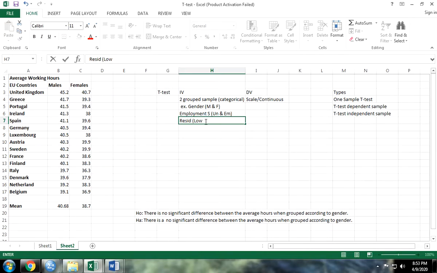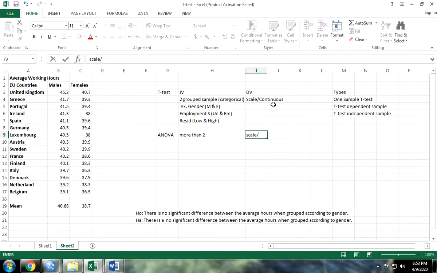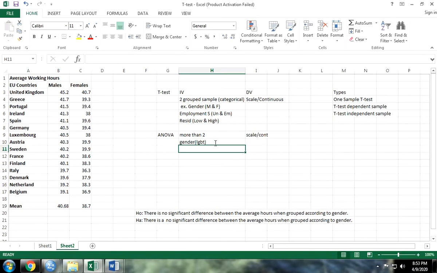Now for instance, paano kung ginamit natin dito is in terms of province. So more than 2 siya, kaya hindi t-test yung ginagamit natin. Ang gagamitin natin dyan is ANOVA. Basic introduction sa ANOVA, basta more than 2, tapos same din yung dependent variable niya, scale or continuous. So kunyari when we use gender in terms of LGBT, more than 2 siya, ANOVA gagamitin natin.